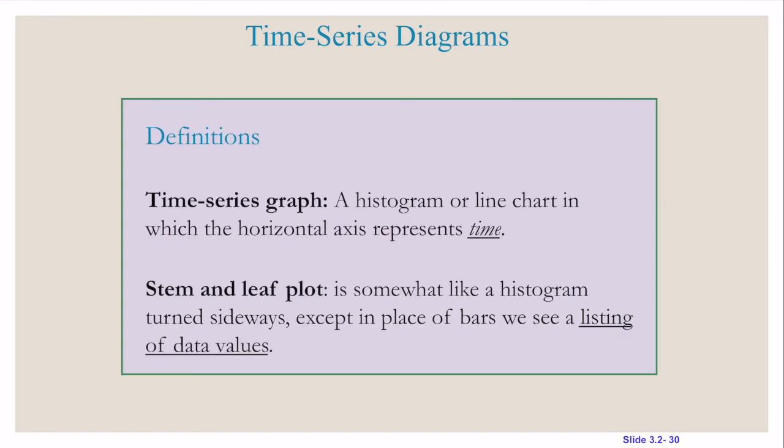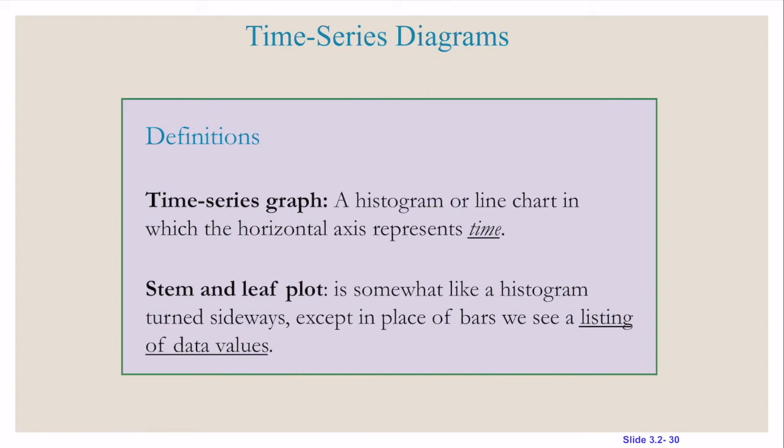Time series diagrams are a histogram or line chart in which the horizontal axis is represented by time, right? So that means not age per se, but years. This is really common in presenting economic data, unemployment data, things like that.